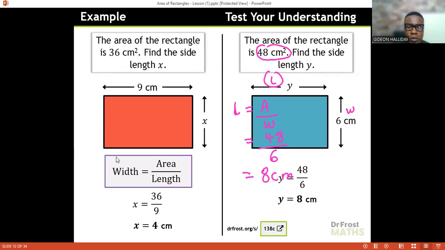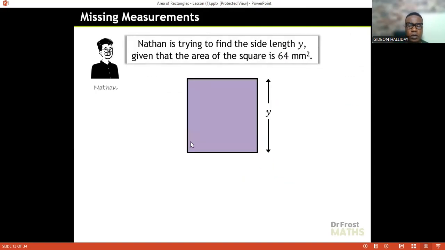Easy peasy lemon squeezy. Now Nathan is trying to find the side length y, given that the area of a square is 64 millimeters squared. Nothing else is given here, but you know that in a square, all the sides are equal.